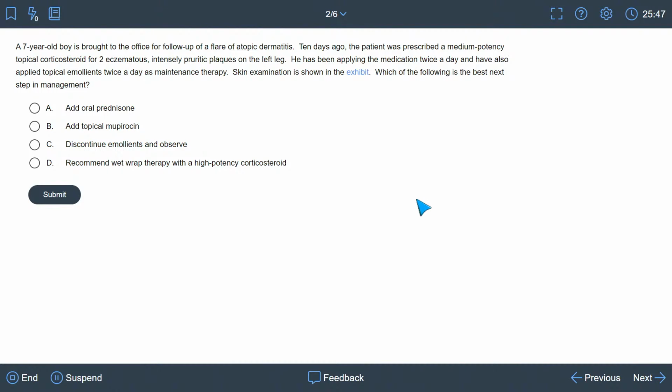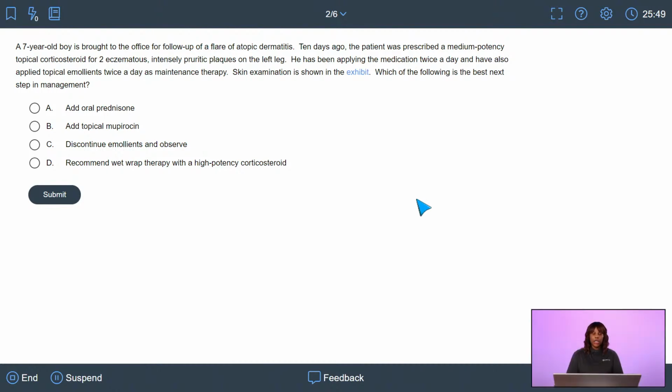A 7-year-old boy is brought to the office for follow-up of a flare of atopic dermatitis. 10 days ago, the patient was prescribed a medium potency topical corticosteroid for 2 eczematous, intensely pruritic plaques on the left leg. He has been applying the medication twice a day and has also applied topical emollients twice a day as maintenance therapy.